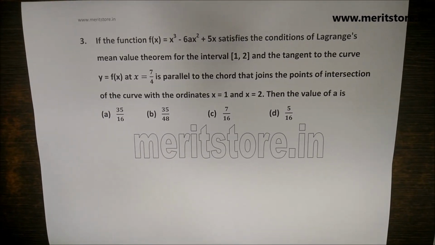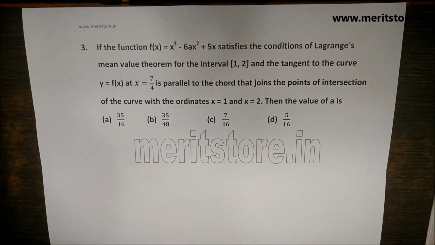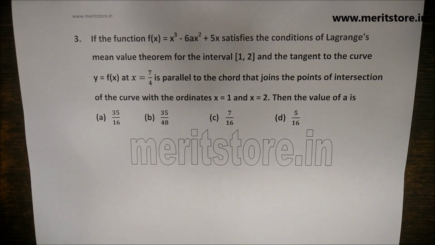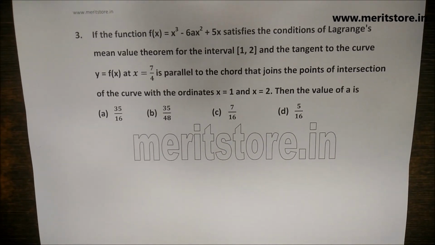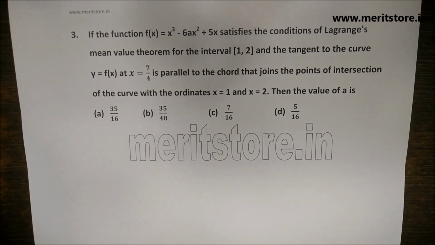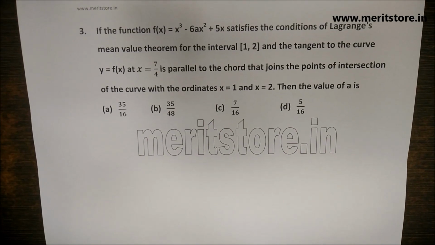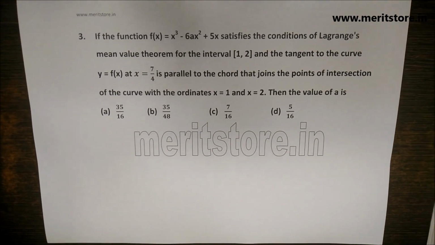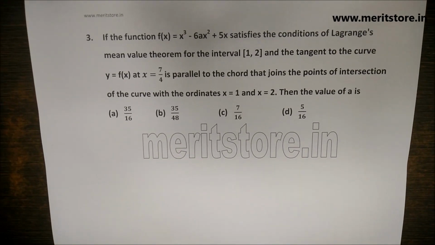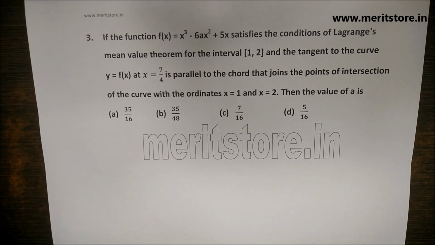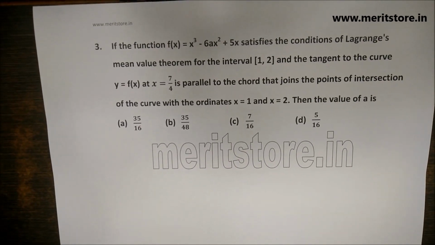Question number 3. If the function f(x) is equal to x cube minus 6ax square plus 5x satisfies the conditions of Lagrange's mean value theorem for the interval [1, 2], and the tangent to the curve y equal to f(x) at x equal to 7 by 4 is parallel to the chord that joins the points of intersection of the curve with the coordinates x equal to 1 and x equal to 2, then the value of a is: option A, 35 by 16; option B, 35 by 48; option C, 7 by 16; option D, 5 by 16.